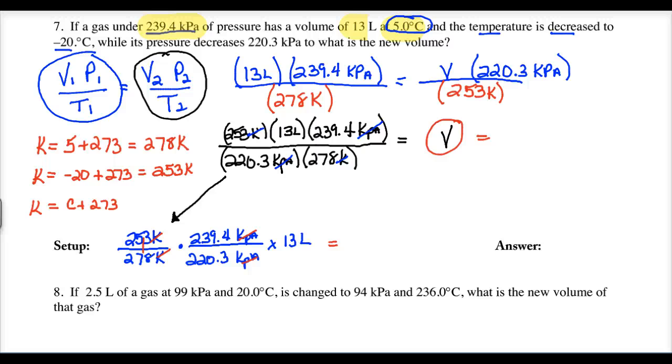Now I'm going to times it by 239.4, and now I'm going to divide by 220.3. I'm going to hit enter. And now all I'm going to do is take that value and times it by 13 over 1, or just 13. Okay, and I get a number. And the number is 12.86. And of course, the only unit left standing is liters.